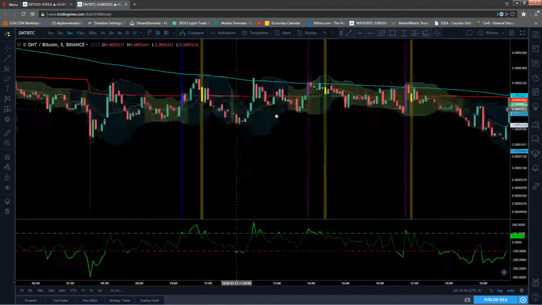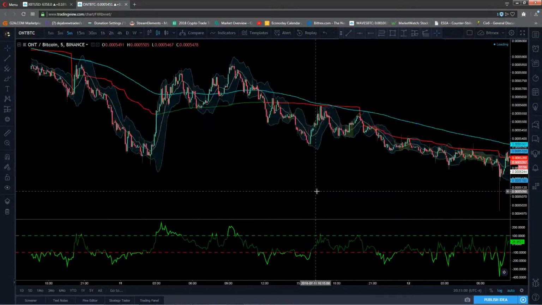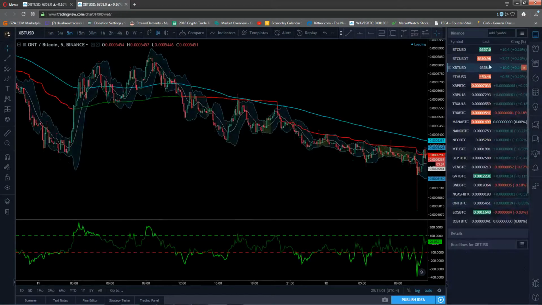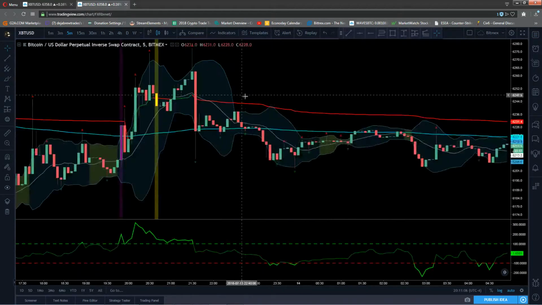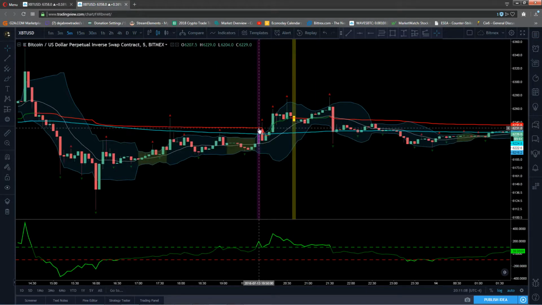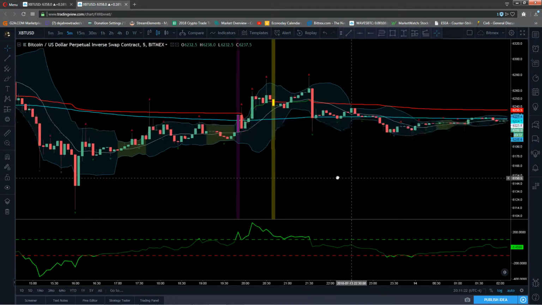So if we saw, let me see if I can find a good example. So like this one here, this buy candle formed on the end of a squeeze. These are typically the strongest buy candles, because that's telling you it's breaking out of that low volatility phase and it's going into a new trend. It's forming a new trend and it's breaking out upward.